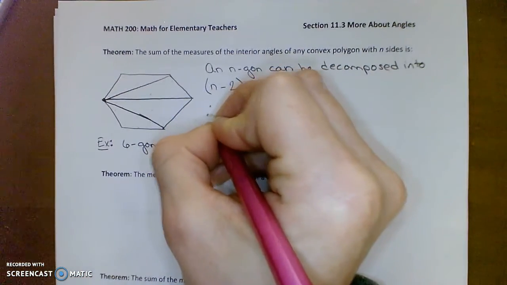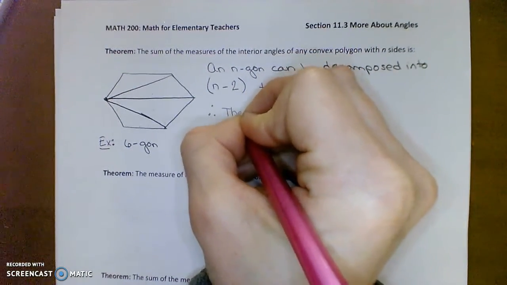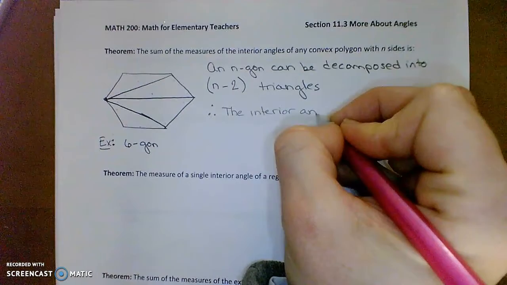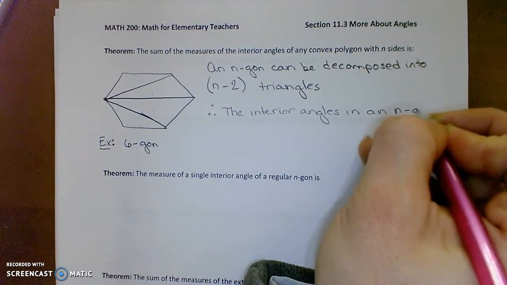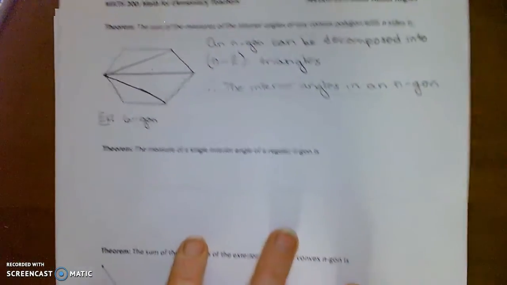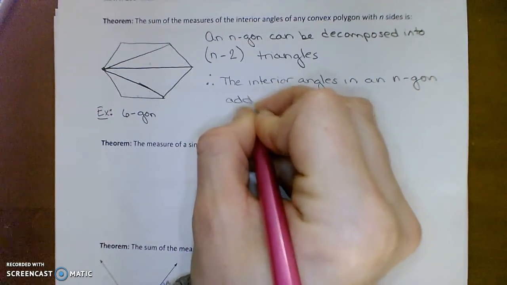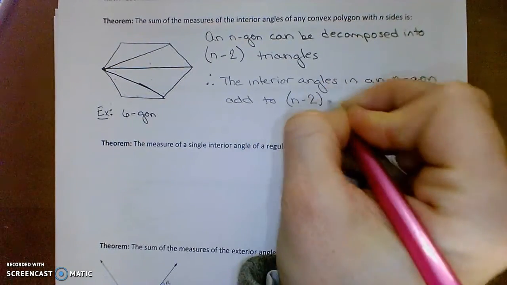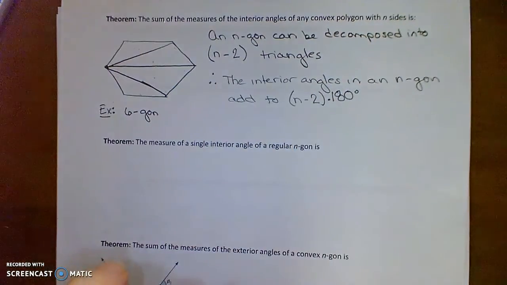So therefore, the interior angles in an n-gon add to n minus 2 times 180 degrees.